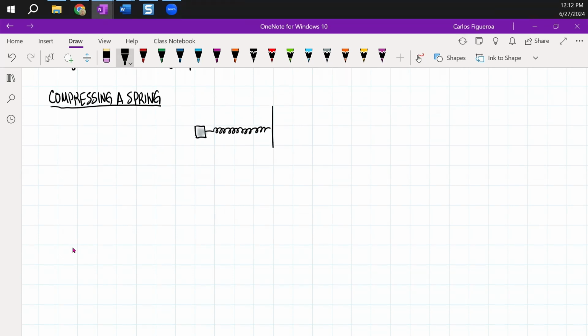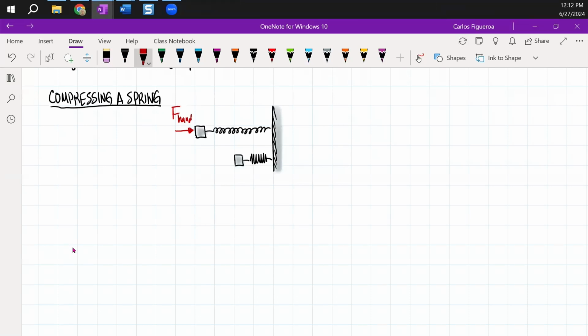And let's say that it's attached to this wall right here. So we're going to compress this. I'm going to take this block, and you're going to see here that I have now compressed the block. I'm going to apply a force on this block right here. So this is going to be the force of my hand.